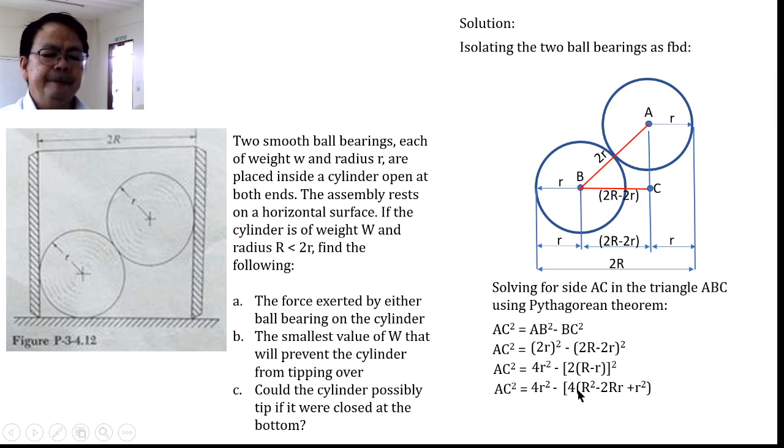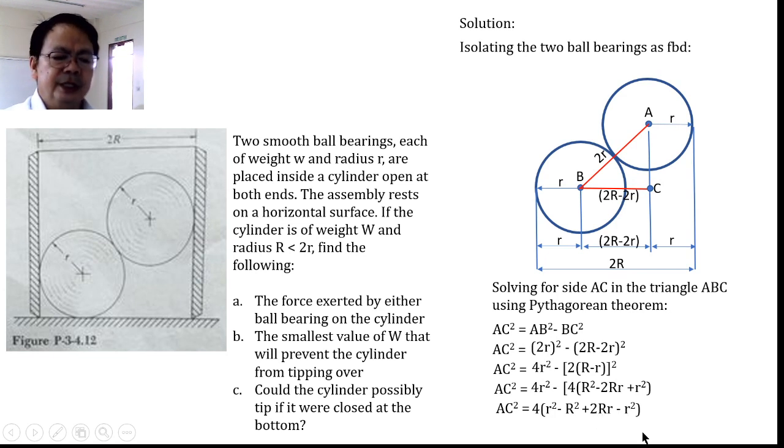And if we will be distributing 4, and then we remove the parentheses, and then we rearrange, then that becomes equal to, we factor out 4, then that becomes 4 times the quantity small letter r square plus r square, minus r square plus 2rr minus r square. And you will notice that the small r square will cancel. So that what will remain is the value of AC when this term will be extracted its root.